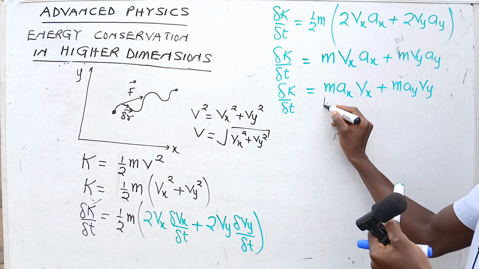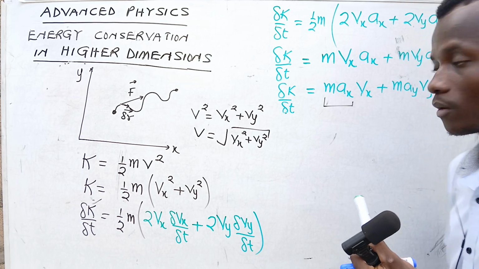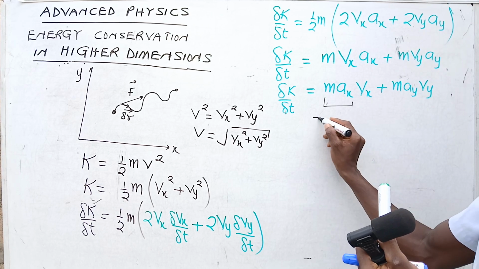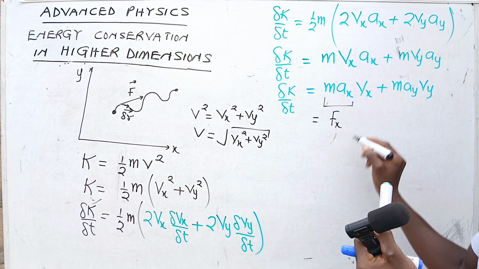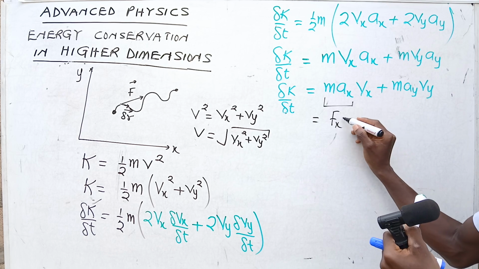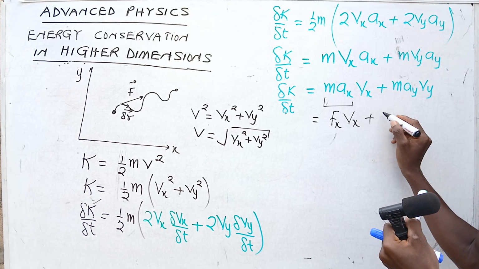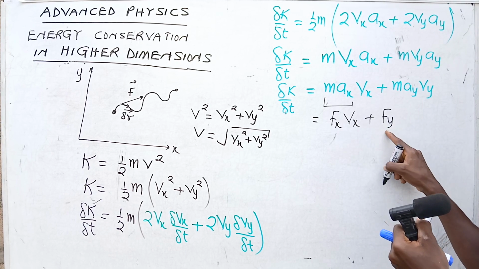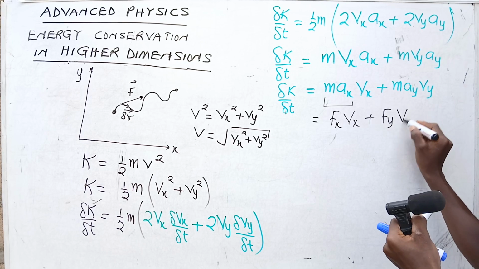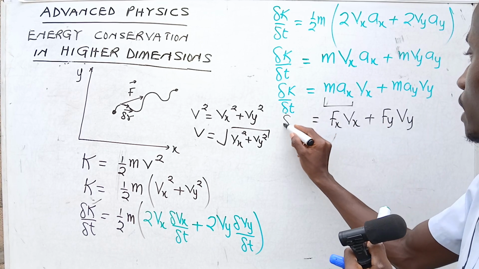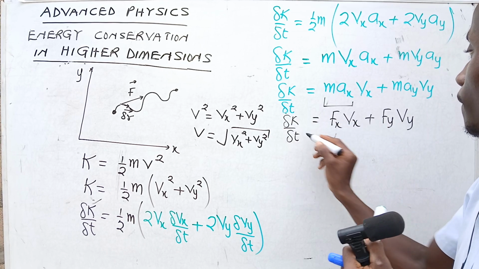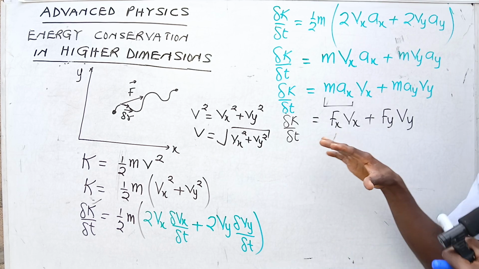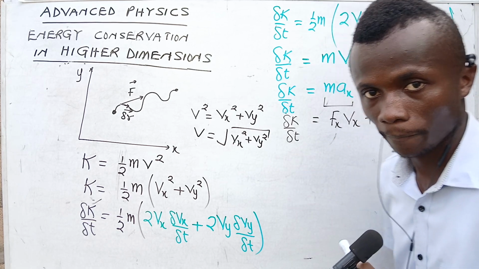Now we could recall that m ax from Newton's second law is a force. So this is equal to fx, the force in the x direction, vx, plus fy, the force in the y direction, times vy. That's equal to dK/dt. This is the first quantity we have stumbled upon.